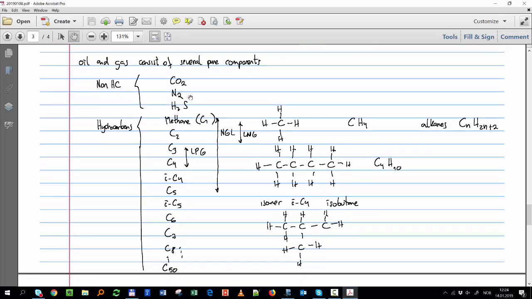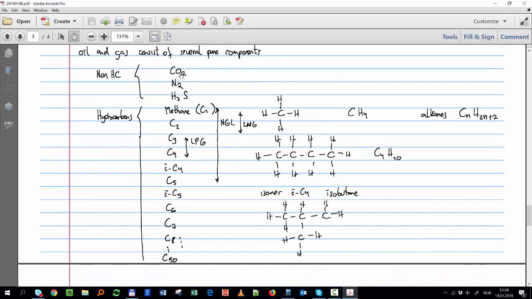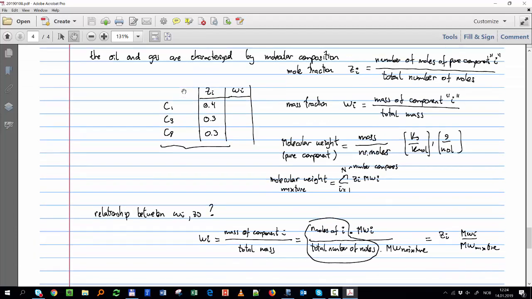I told you that basically the components are hydrocarbons, oil and gas, and that it's like the fingerprint of a certain fluid. You can describe it by mole fraction. If you have a certain distribution of methane, ethane, propane, that's the fingerprint of that fluid. That's going to determine how that fluid is going to behave.